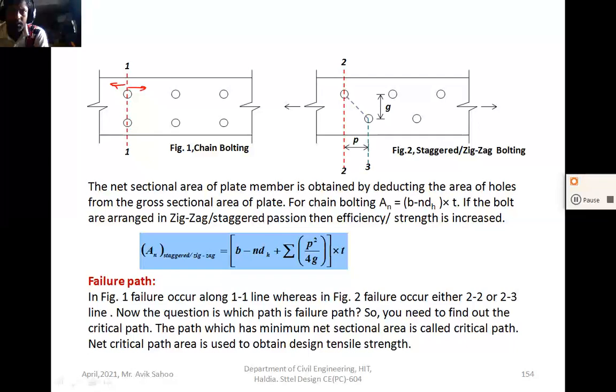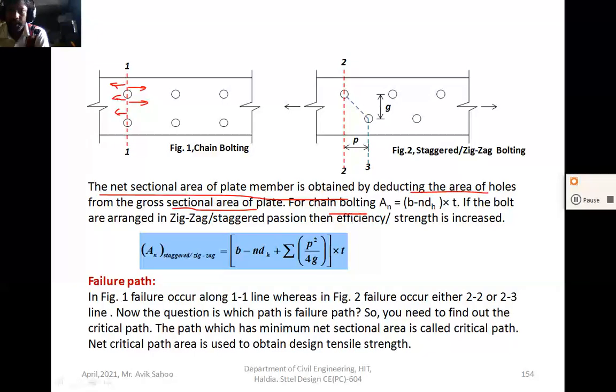The tensile force is acting, and due to this tensile force the rupture occurs along this line, which is the failure path. The net sectional area of the plate member is obtained by deducting the area of holes from the gross sectional area of the plate.